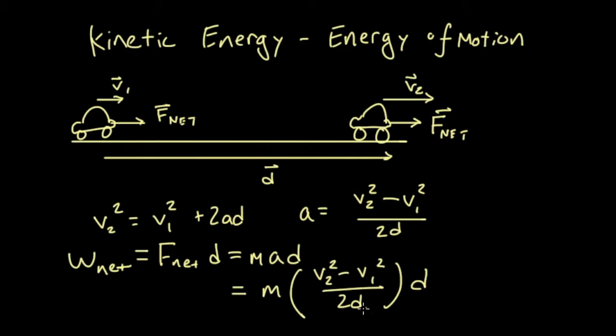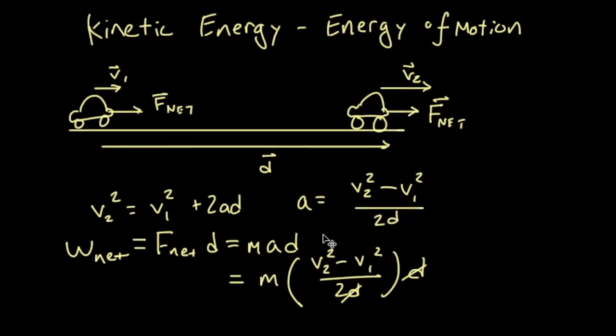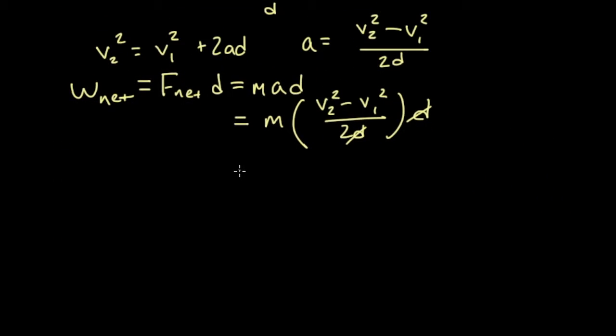And notice our d's are going to cancel out, and we are going to be left with a simpler formula for work. Okay, so we have this formula for the net work: 1/2 m times the final velocity squared minus 1/2 m v1 squared, the initial velocity squared.